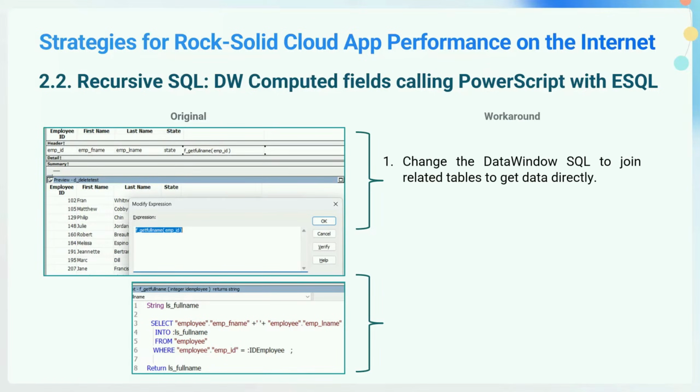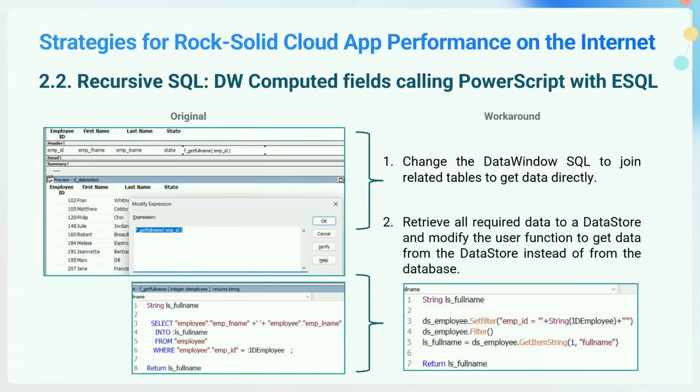A couple of ideas we can apply are: 1. Change the data window SQL to join related tables to get data directly. And 2. Retrieve all required data to a data store and modify the user function to get data from the data store instead of from the database. By using these or similar approaches, we can eliminate the original recursive SQL.